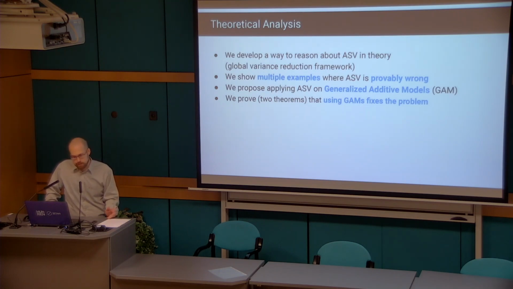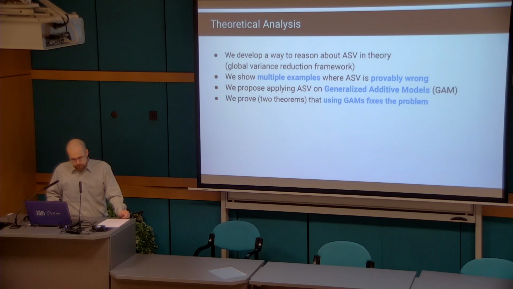Also, for Shapley values, we can't simply say that they are larger or smaller, because negative influence can be large influence. And we can do tricks like doing absolute values, but it's really hard to reason about. So we first developed a framework to talk about the behavior of asymmetric Shapley values, or Shapley values in general, which is based on the variance reduction of the target value using different sources of information.